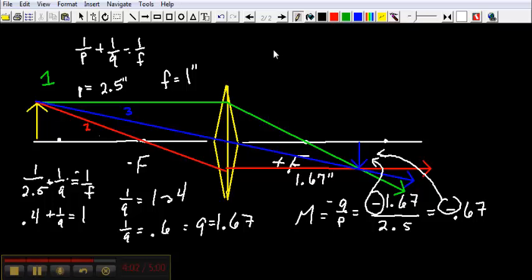So we have the negative means it's inverted, it's reduced or diminished, and lastly, we still know, because of its location over here on the positive focal side, that it is a real object, and converging lenses produce real objects. Okay? Alright, so that's a converging lens. Thanks, good luck.